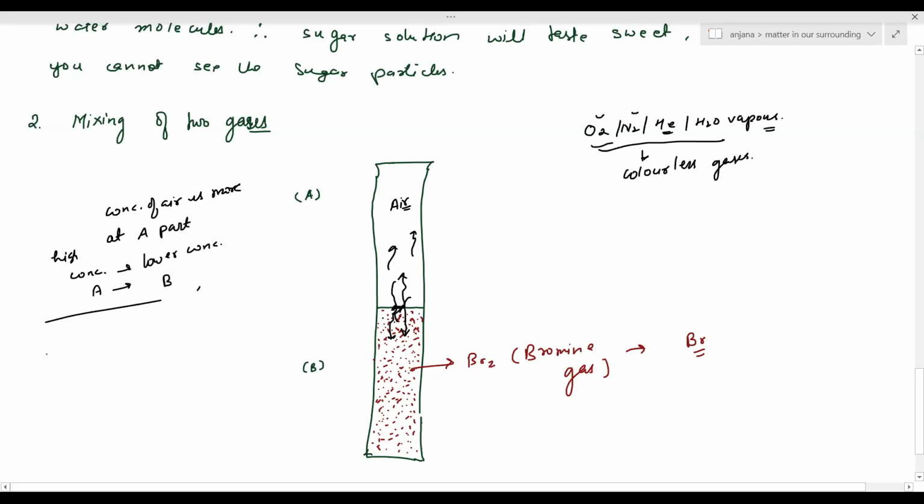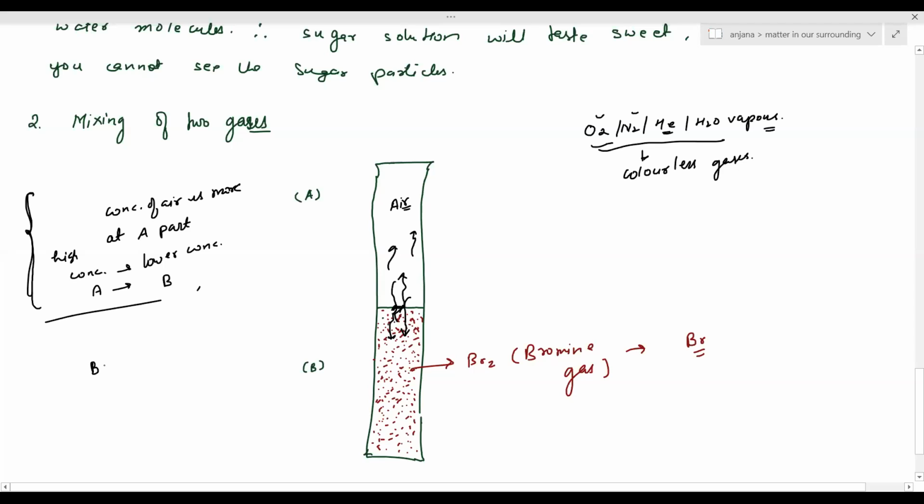But for bromine gas, the higher concentration is at part B. So what is going to happen? Again, it is going to move because this is a process of diffusion. These gas particles are not stationary. They are constantly moving, so wherever they get the opportunity to move, they are going to move.